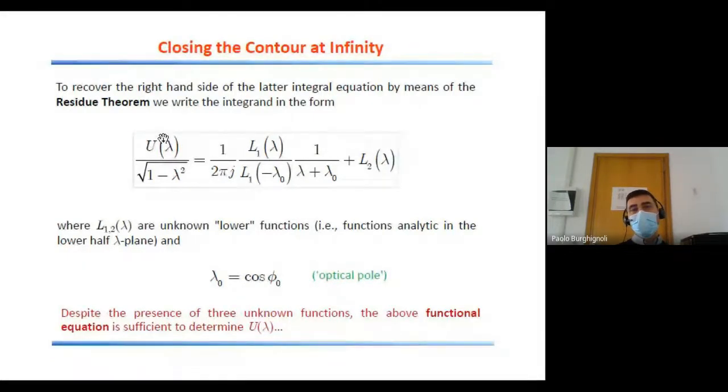The information that we get with these functions, that is the analyticity in the upper or lower half planes, is quite surprisingly, in combination, very powerful. And this is what we will illustrate next. The idea is to try to rewrite what you can, to split the dependence on upper function and lower function.